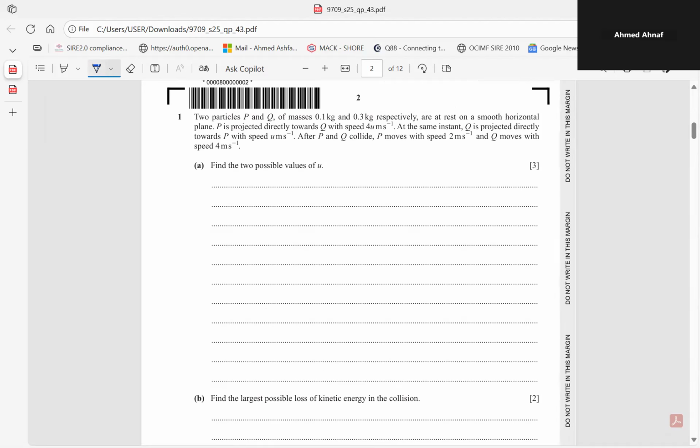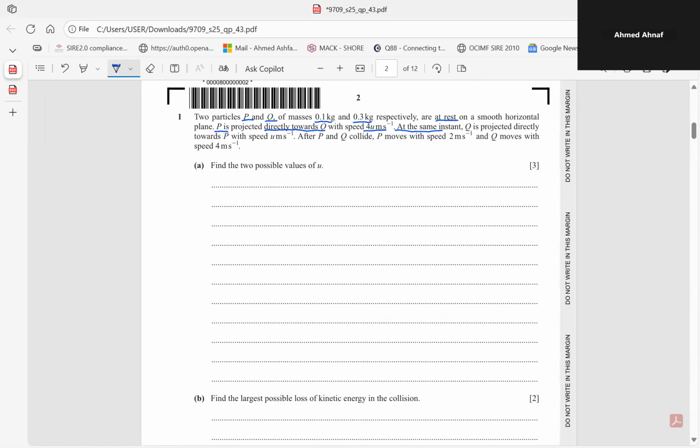Okay, so for the first question, we're told that two particles, P and Q, of masses 0.1 kg and 0.3 kg respectively, are at rest on a smooth horizontal plane. Then P is projected directly towards Q with speed 4u meters per second.